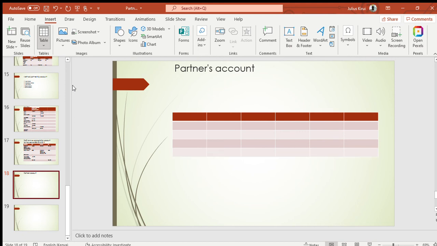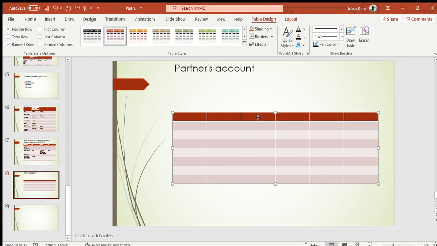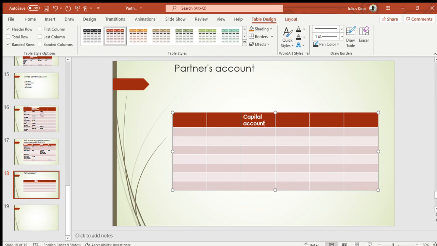So number one, we are preparing the capital account. And then number two is current account. So number one account is actually the capital account. Now in capital account, how many partners do we have as we have said?